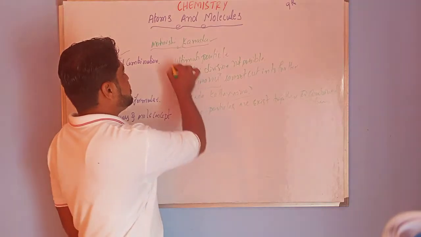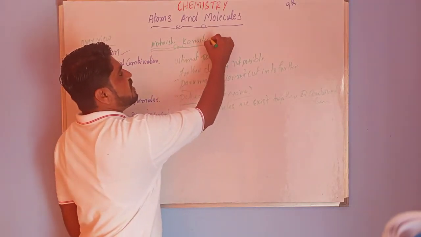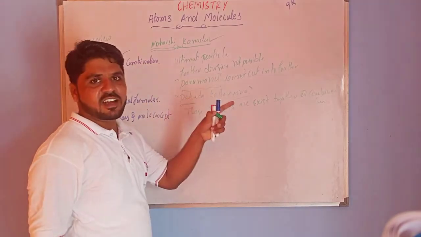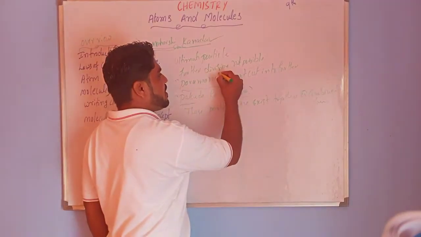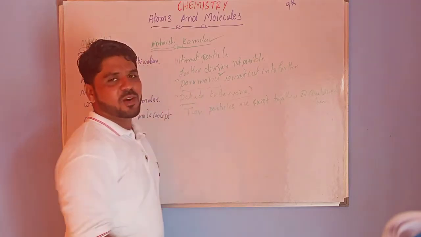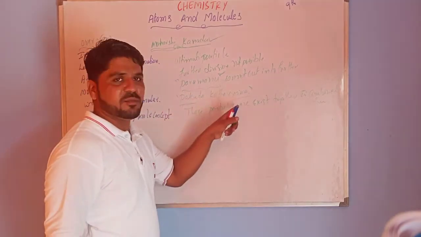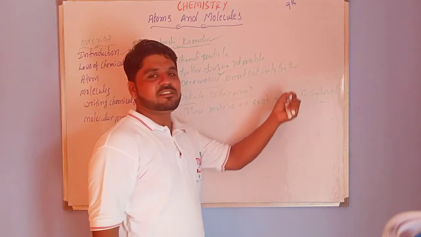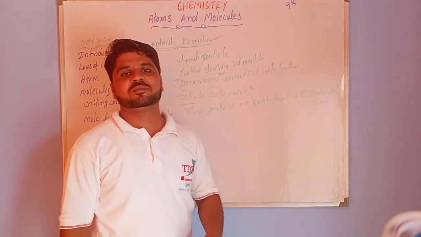So what is the contribution of Maharshi Kanada about atoms and molecules? Maharshi Kanada gave the name Paramanu to the particles, and Pakuda Katyayana elaborated this concept. These particles normally exist in a combined state.